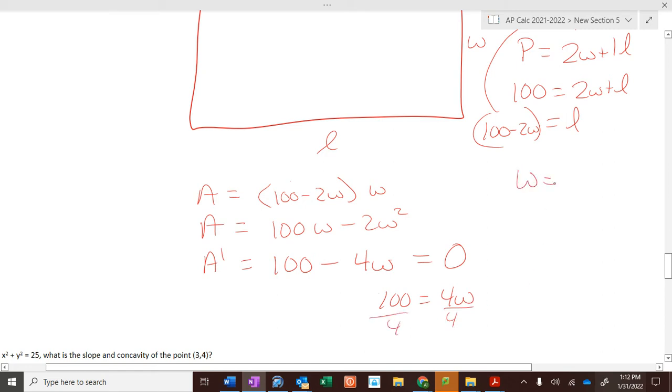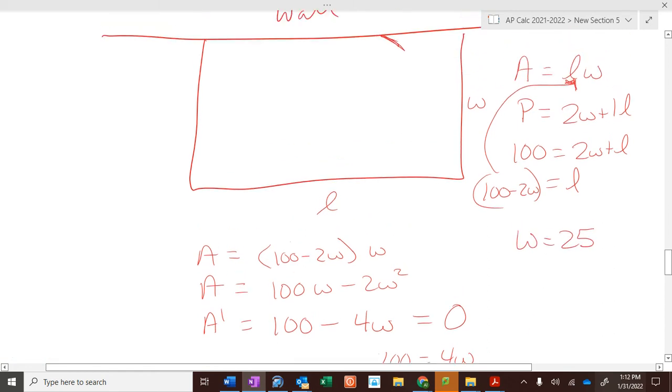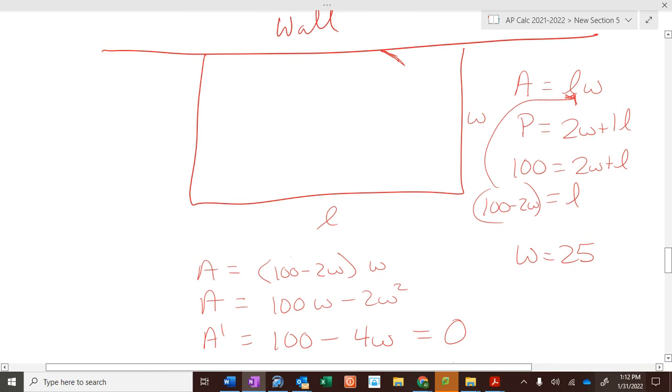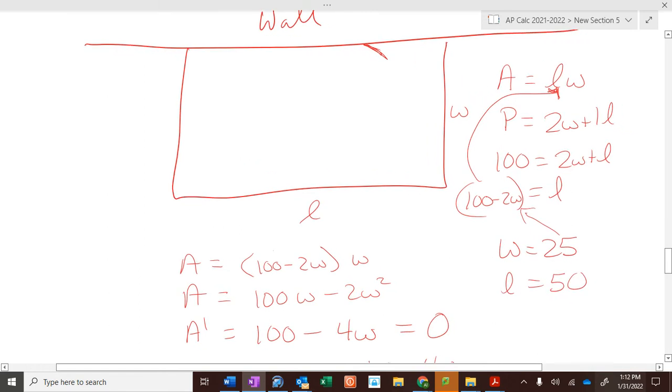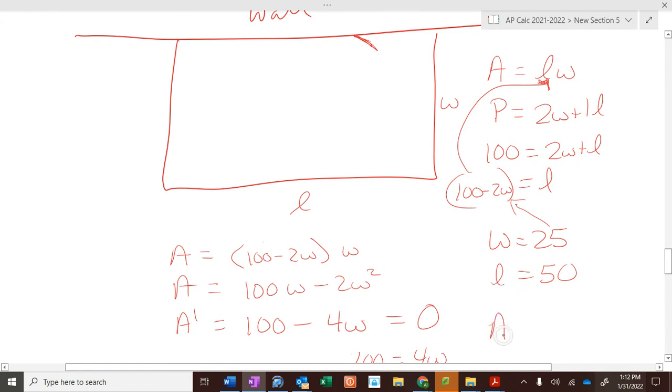So the width is obviously 25. And then if you plug 25 in there, the length is 50, like Bree said. So the area equals 1,250 square feet.